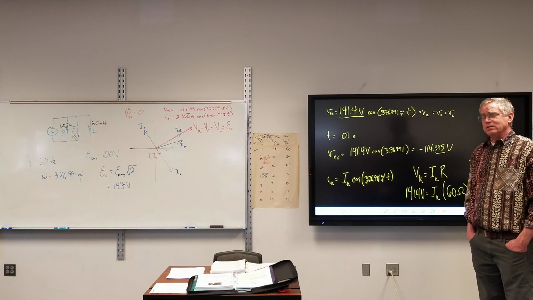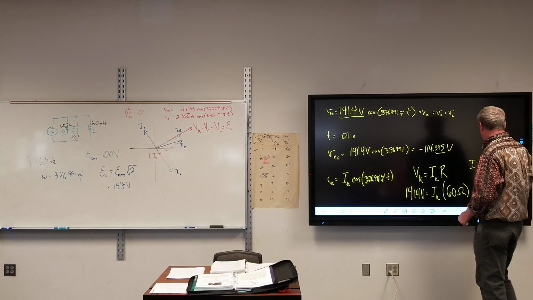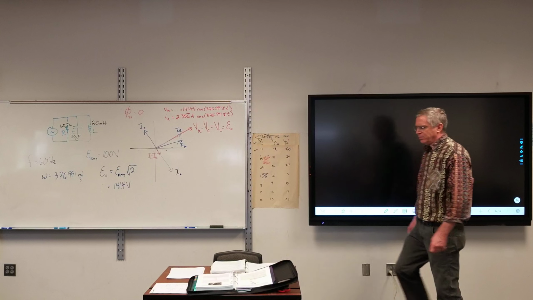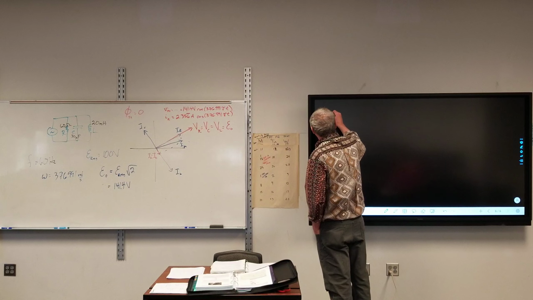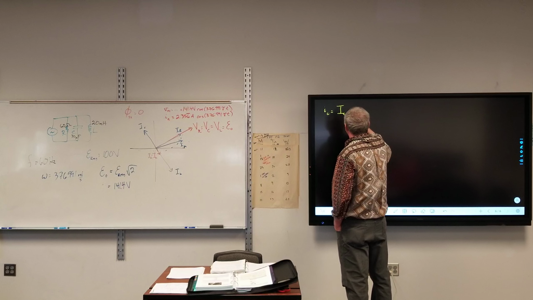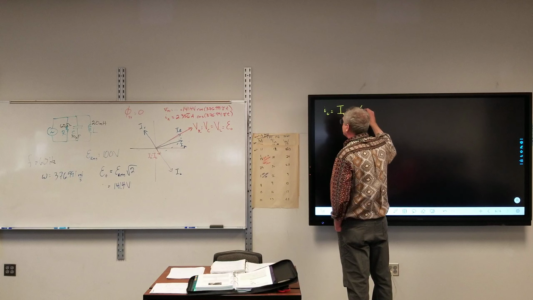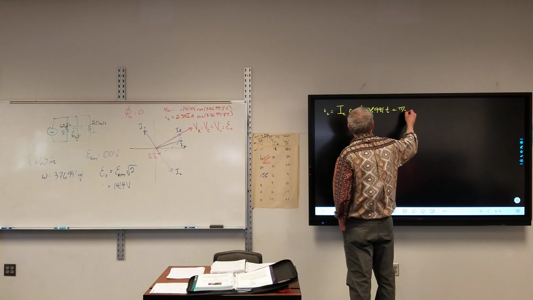We prefer radians, so it would be plus pi over 2. You're going to add it. So the current for the capacitor is going to be I sub C, we don't know what I sub C is quite yet, times the cosine of 376.991 t plus pi over 2.